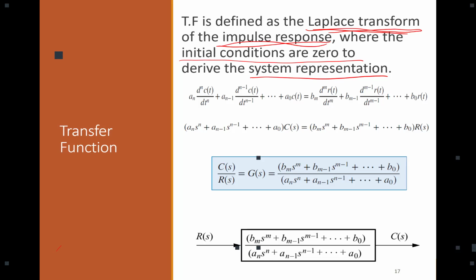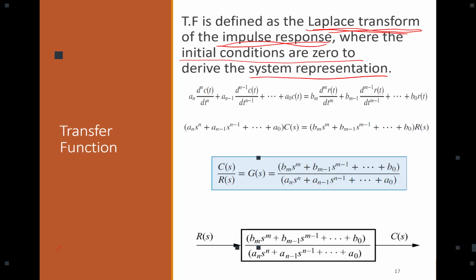Another part is that, if you remember, in our equations in the previous session, we always had u(t), like a step, or another kind of function of that u(t), as our input value.